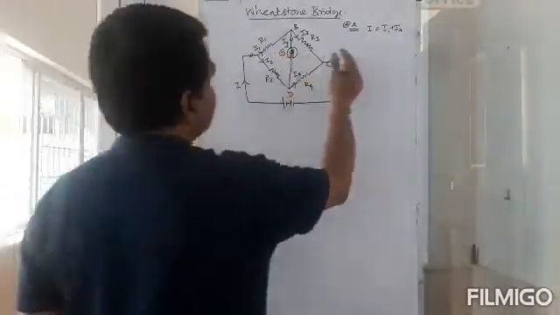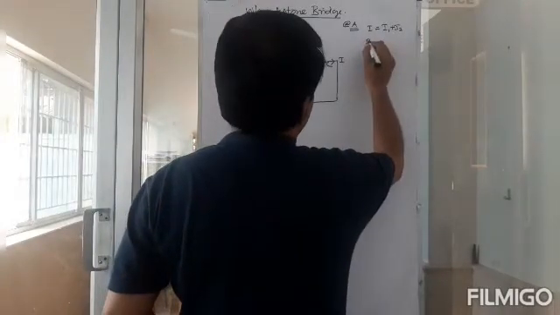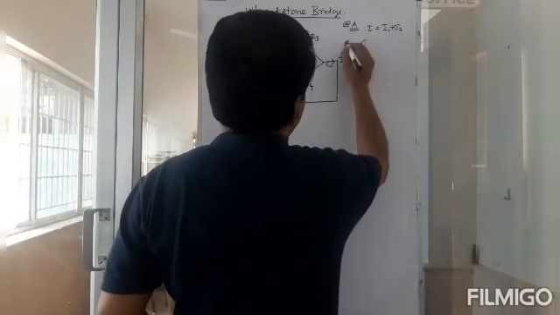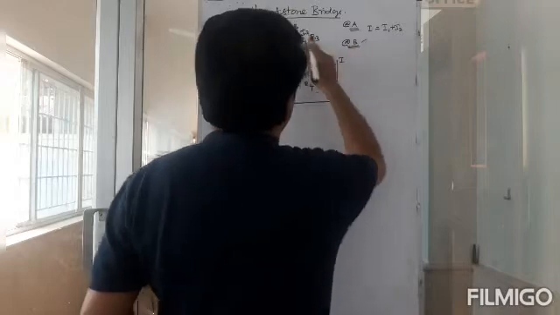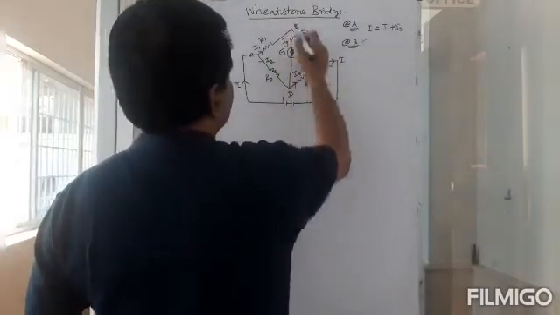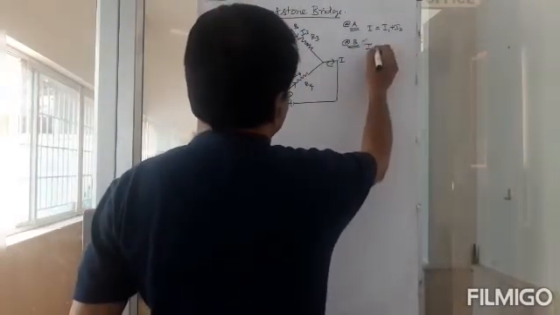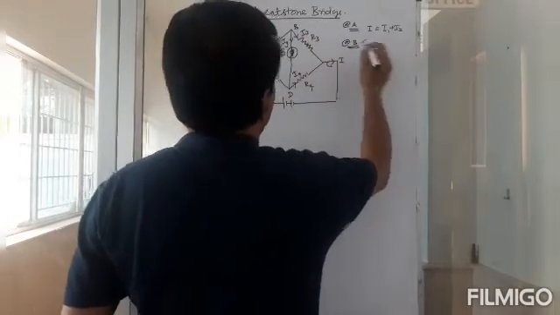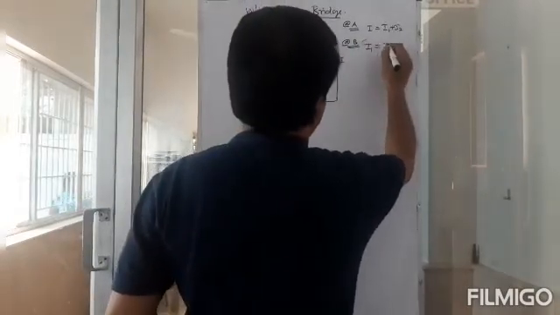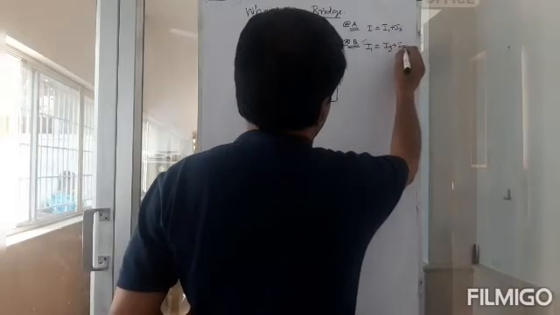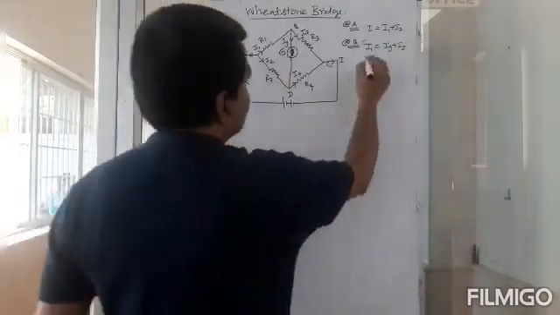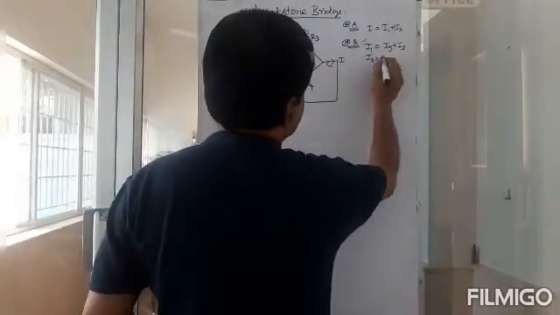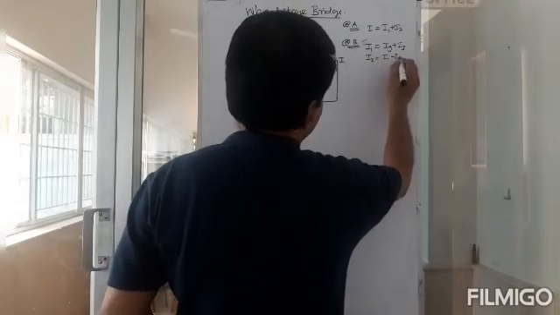Then at junction B, the current coming in is I1 and must be equal to Ig plus I3, or I3 can be written as I1 minus Ig.